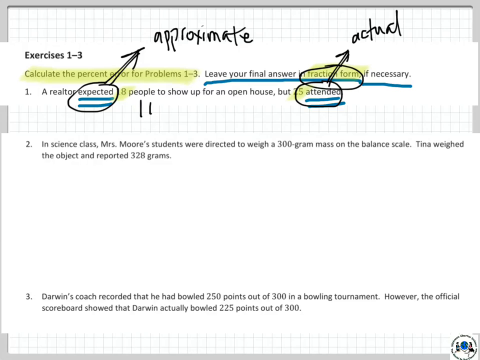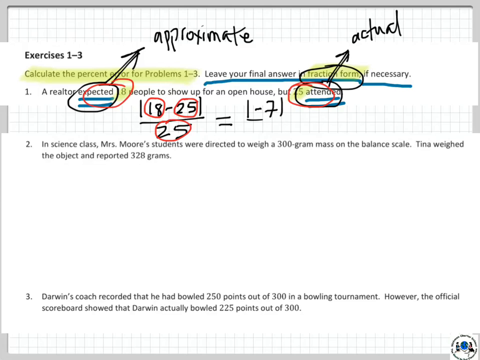And from there it's just a matter of setting this up. Absolute value of 18 minus 25 over 25. That 18 comes from our expected, the approximate, minus the actual, which is the attended, over the actual.